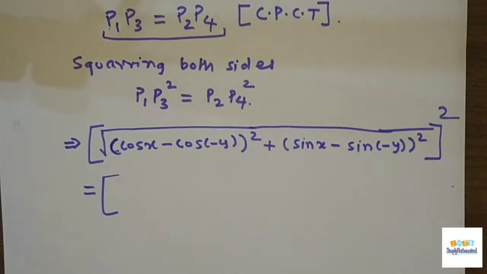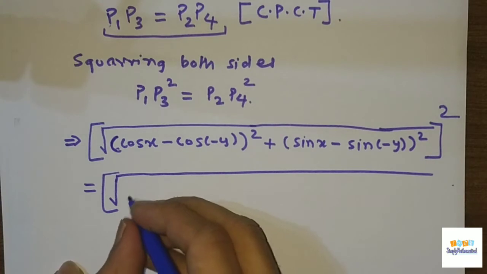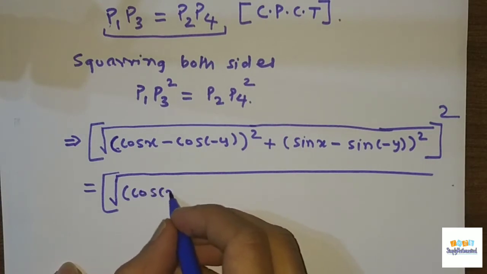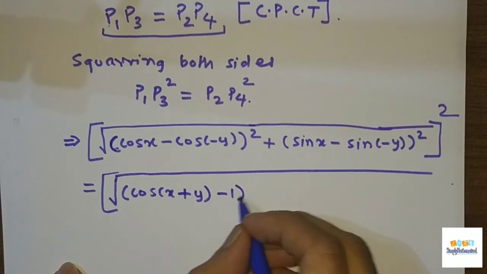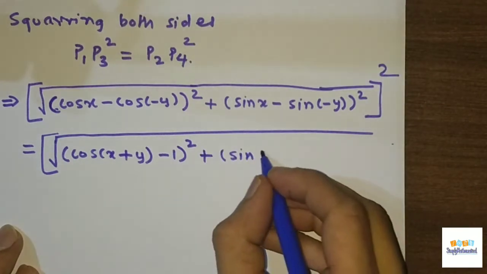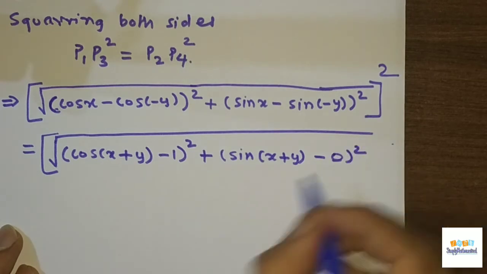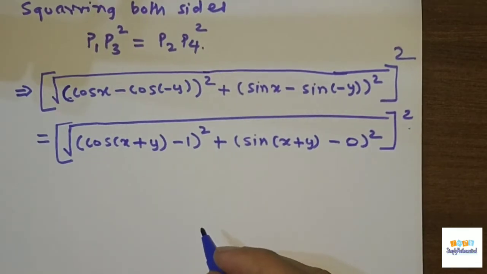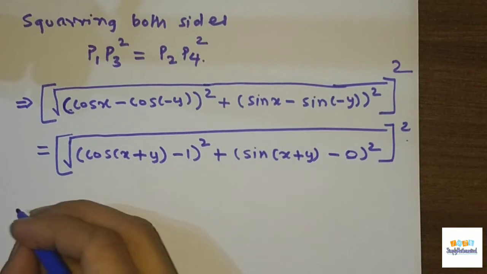So we will get root of cos of x plus y minus 1 the whole square plus sin of x plus y minus 0 the whole square, and the whole square, because of this.